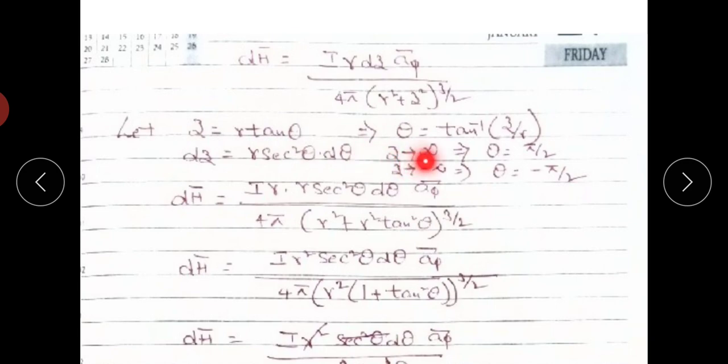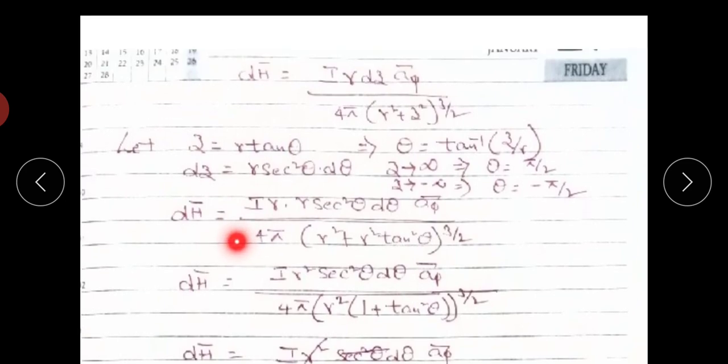Theta equals to tan inverse of Z by R. At Z equals to infinity, theta equals to tan inverse of infinity, which equals pi by 2. At Z equals to minus infinity, theta equals to tan inverse of minus infinity, which equals minus pi by 2. So in terms of theta, now the limits become minus pi by 2 to plus pi by 2. Lower limit minus pi by 2, upper limit plus pi by 2.